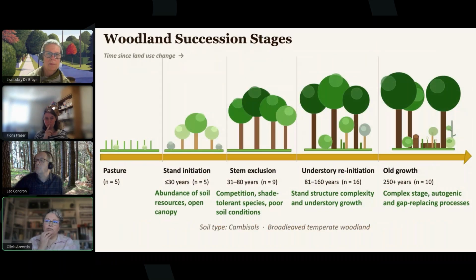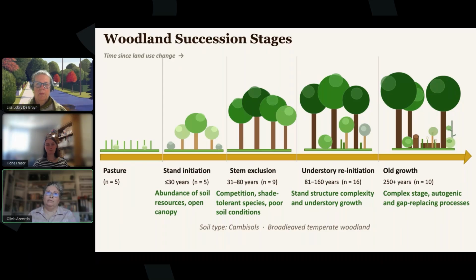So this diagram is really to show what these stages would look like, from grass to a single layer young stand, through a closed canopy competitive stage, via increased stand complexity and understory growth to the complex multi-layered structure of ancient woodland.